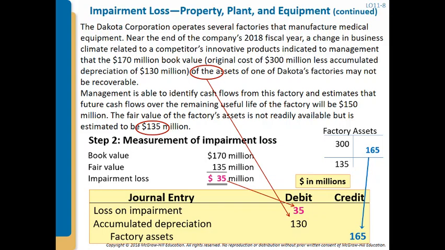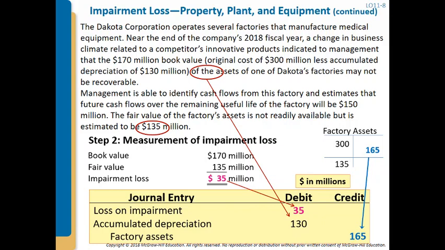You're going to take your loss on impairment of 35 million, so you've got your two debits, and in order to get the factory assets down to 135 million, you're going to credit factory assets for 165 million. So now you've got your debits and credits equaling each other.